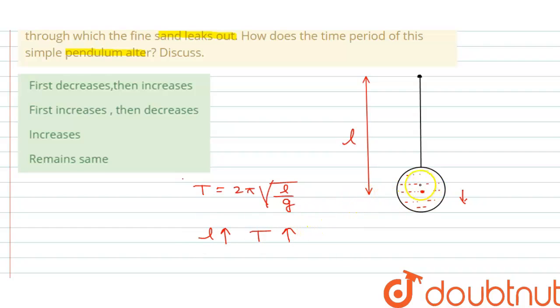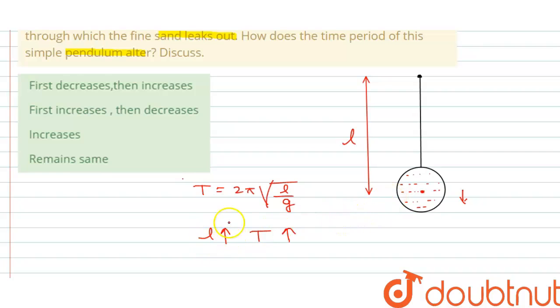But finally when sand comes out of this sphere, then center of mass will again come back to its initial position. That means initially center of mass falls down and then it will start moving up.